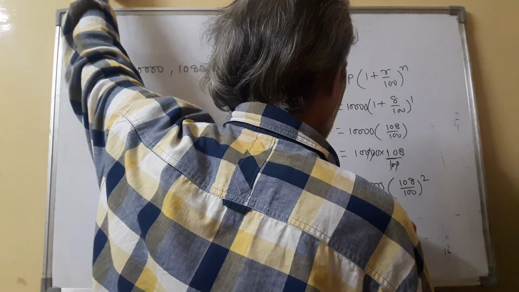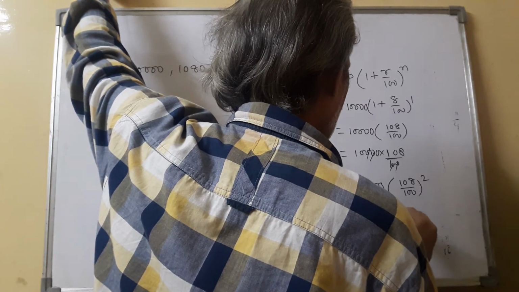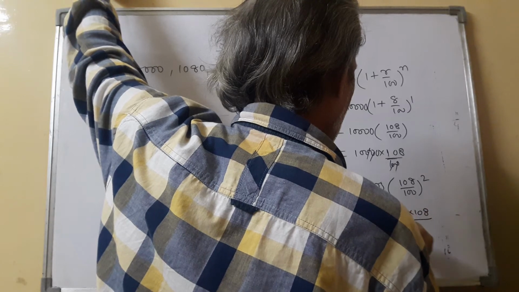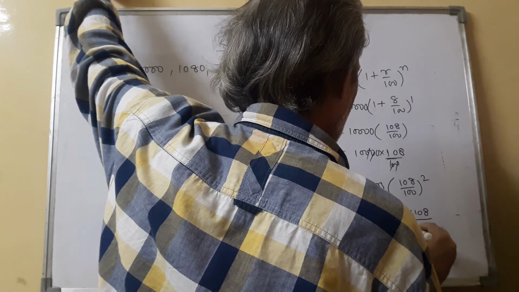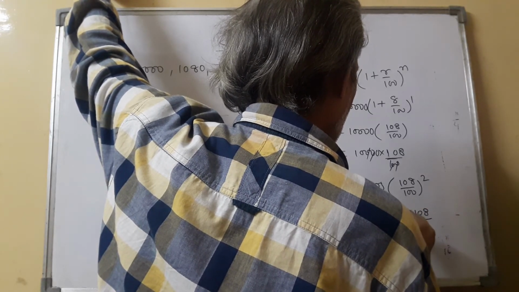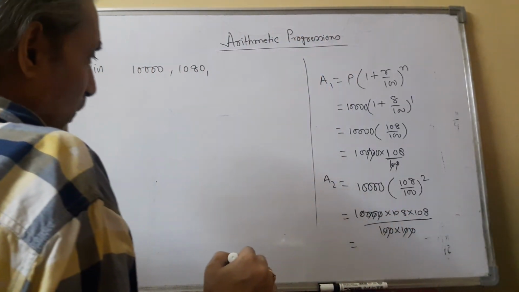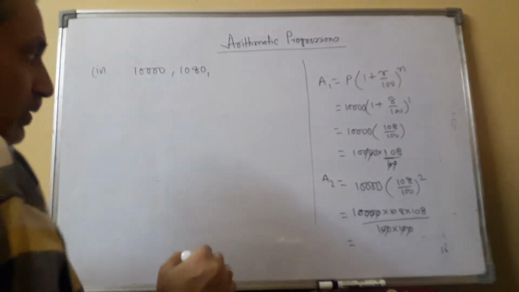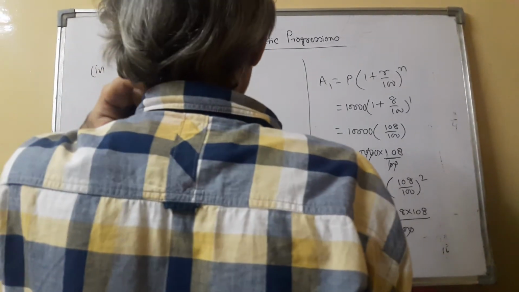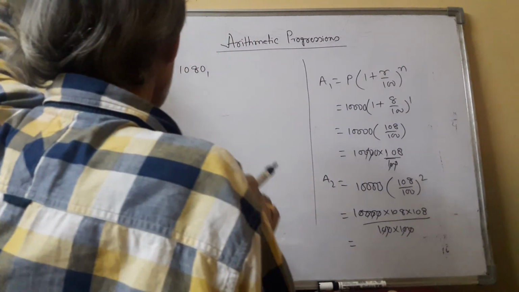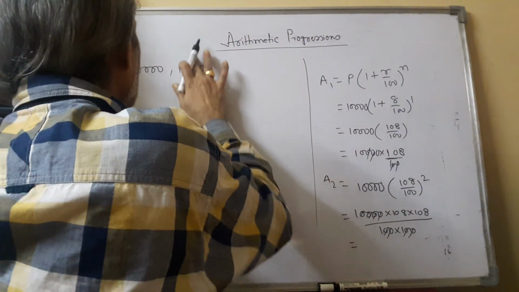Square. So we are getting 108 into 108, it is 10,000.